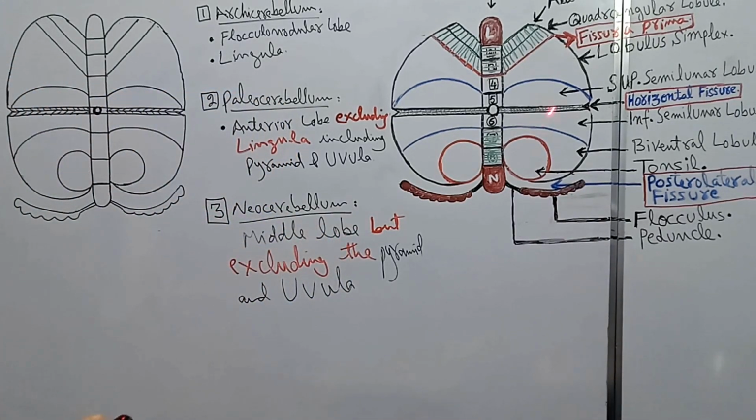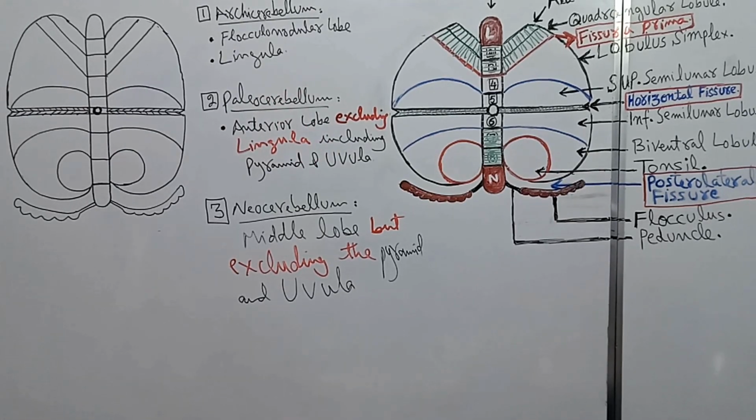It comprises the middle lobe of the gross anatomy, but excluding the uvula and the pyramid. Why? Because pyramid and uvula are included in the paleocerebellum.